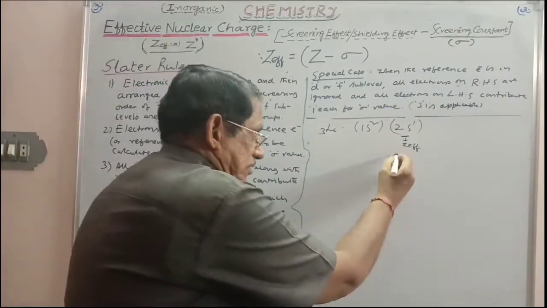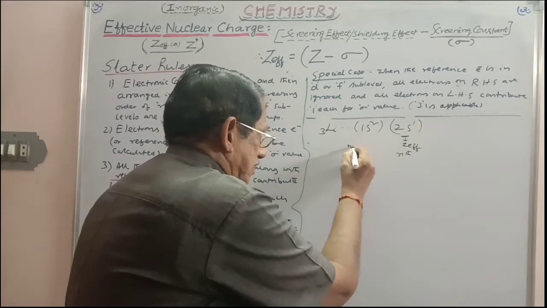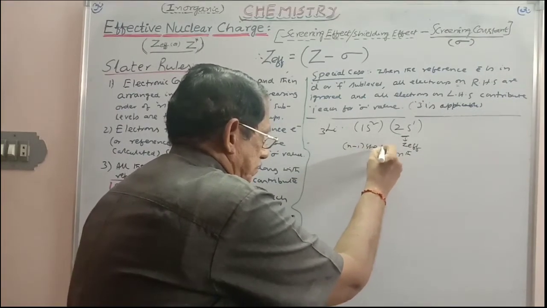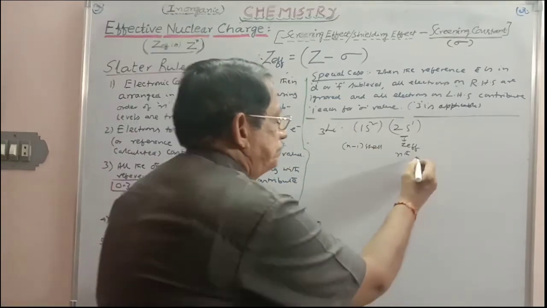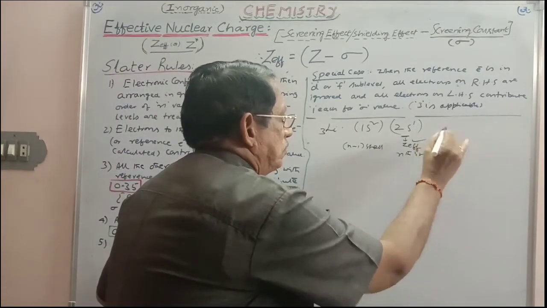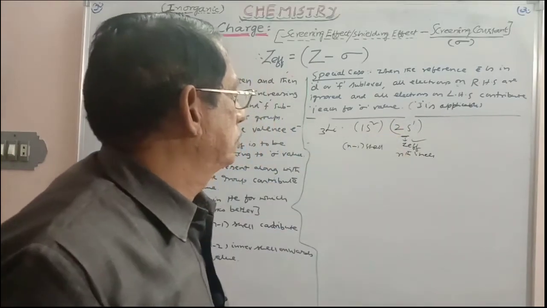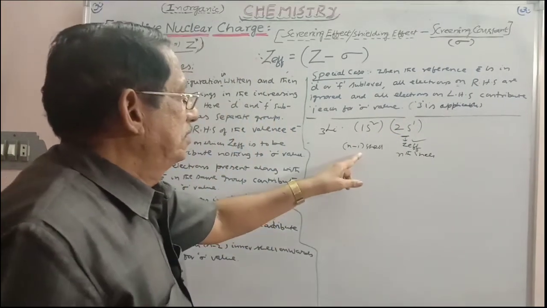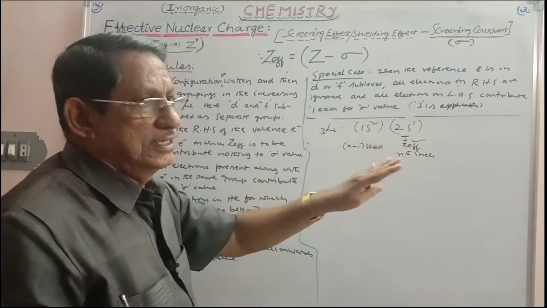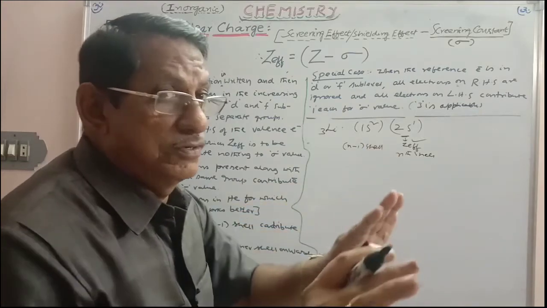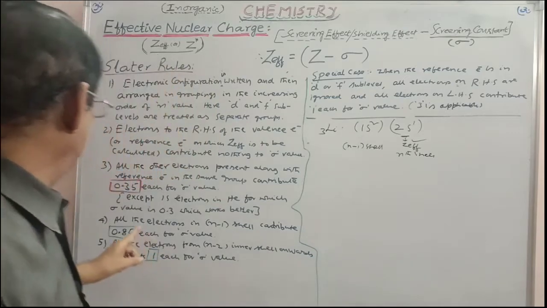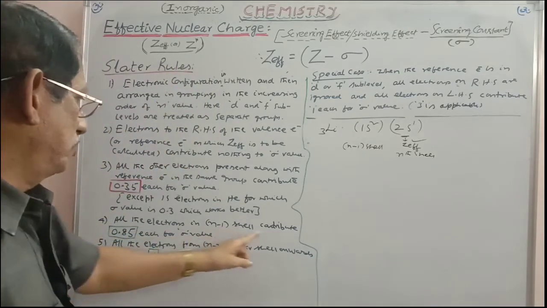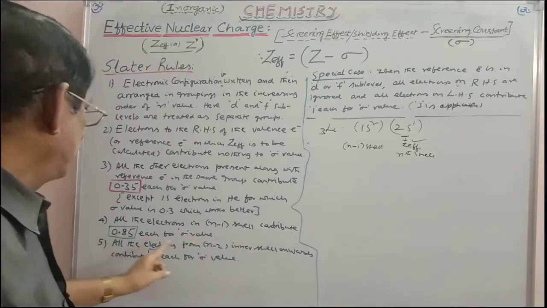This is the nth shell, and this is the N-1 shell. You have to calculate Z effective for this. In the N-1 shell, there is no d electron, no d and f sublevel calculations here, only s and p. The N-1 shell contributes 0.85 each.